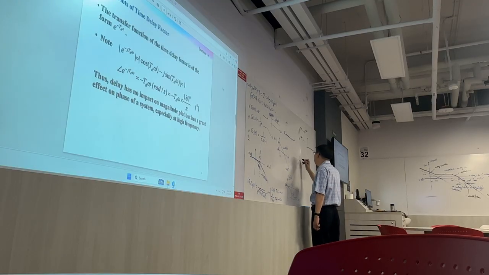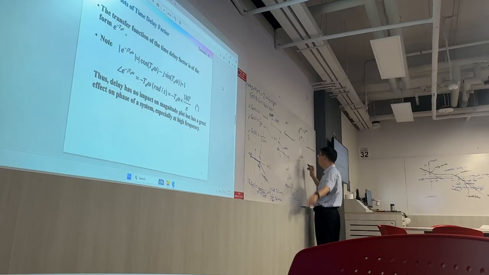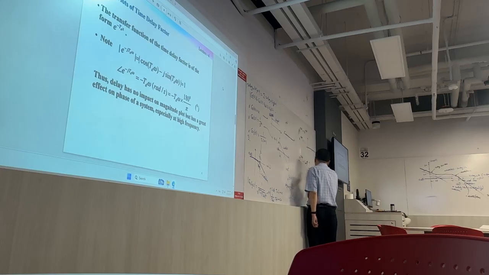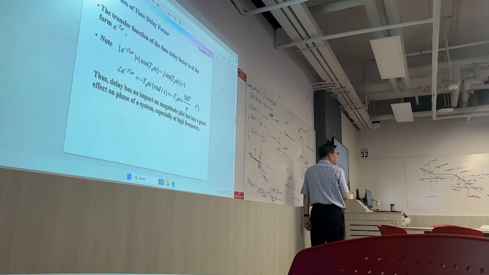But the angle of this guy will be equal to that value, negative TD omega times 180 over pi. So in this case, when the frequency is 0, it has a 0 degree. Okay.